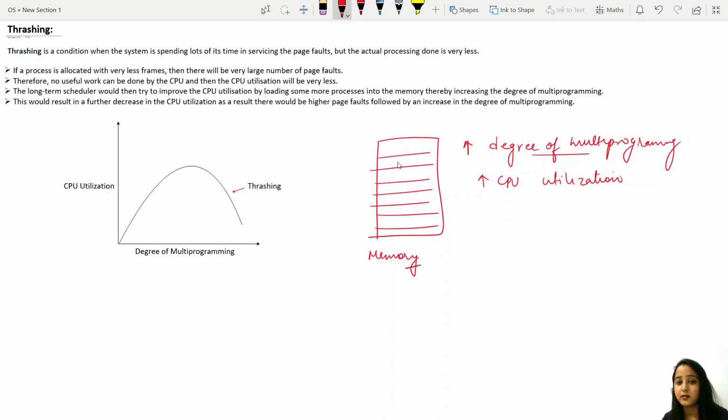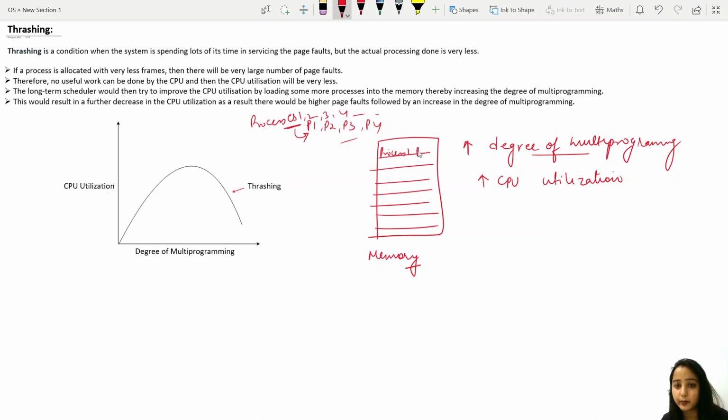So suppose there is page 1, page 2, page 3, page 4, okay, and we have processes 1, 2, 3, 4, and so on. Suppose I'm bringing process 1 and page 1 of that process.